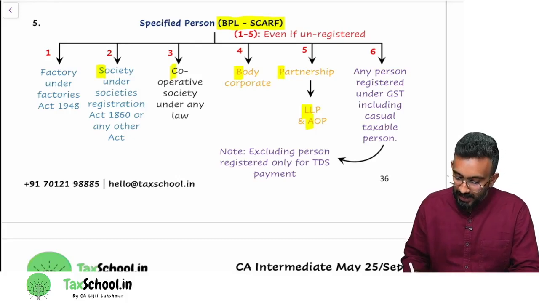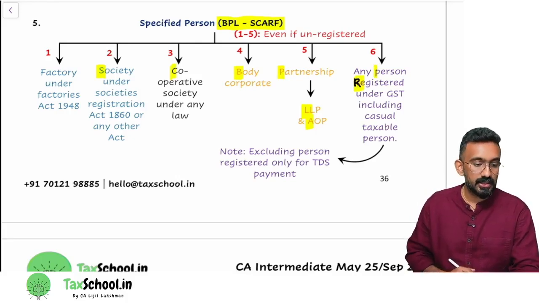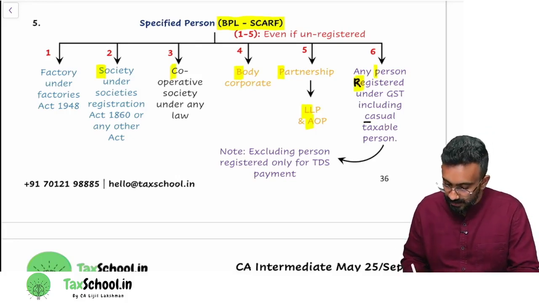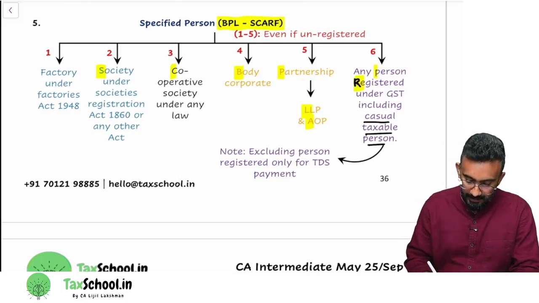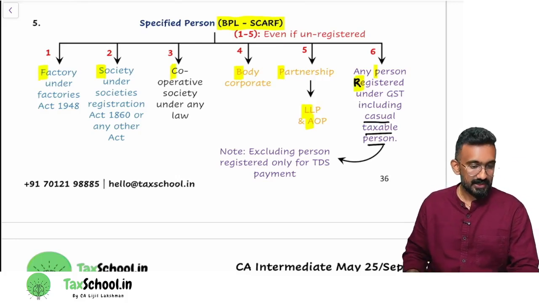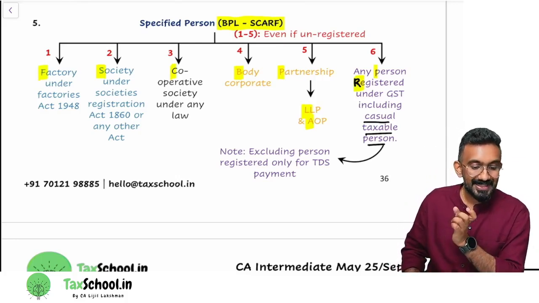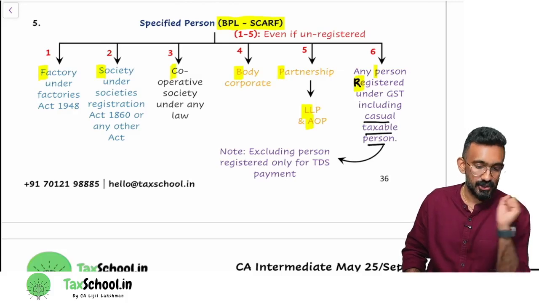R stands for any person registered under GST. Anybody registered under GST would also be under RCM, including a casual taxable person. Then F stands for factory under the Factories Act. If the recipient happens to be any of these, it would be taxable under reverse charge.